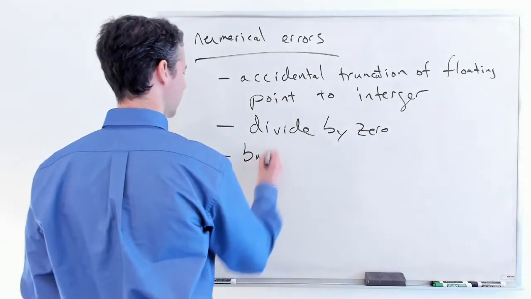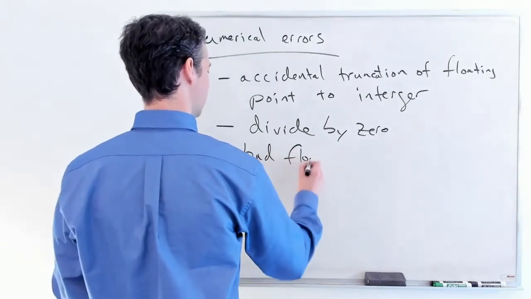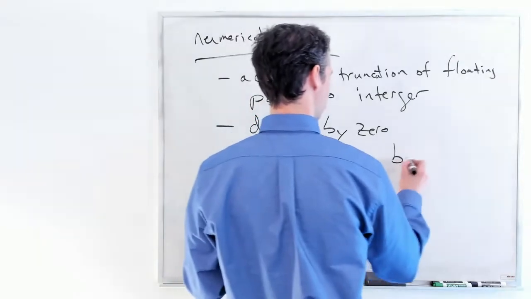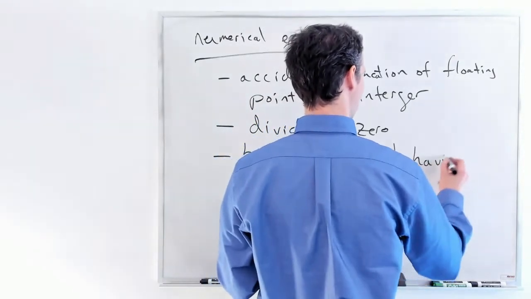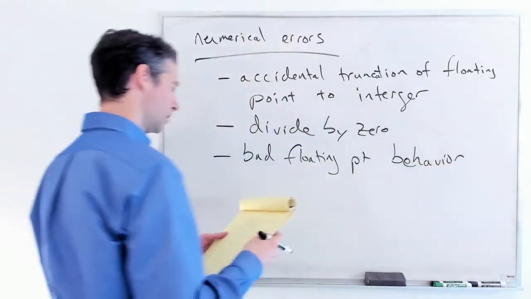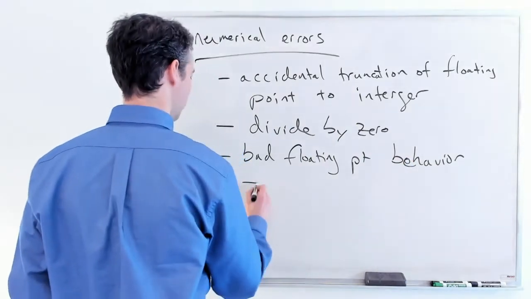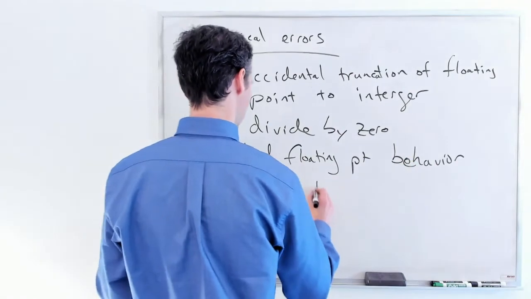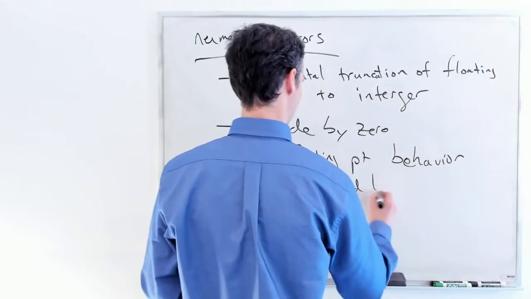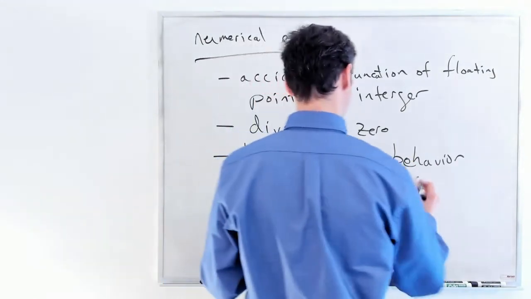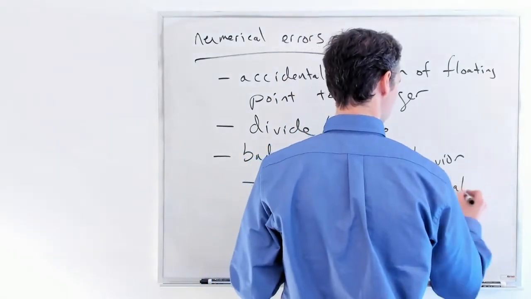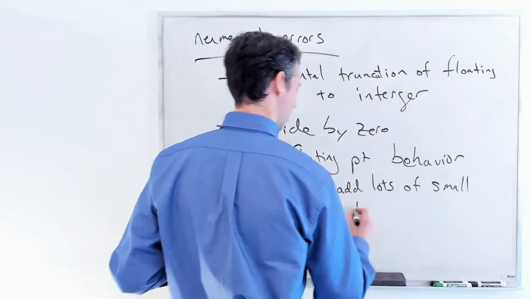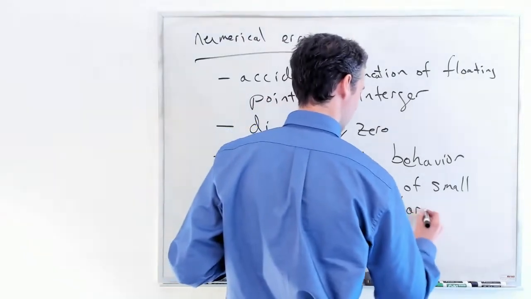There's all sorts of things where people forget that they're working with floating point numbers. So they code stuff, they make mistakes. Examples of this are they try to add lots of small numbers to a large number.